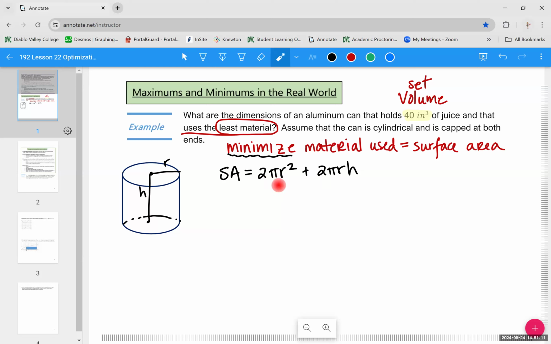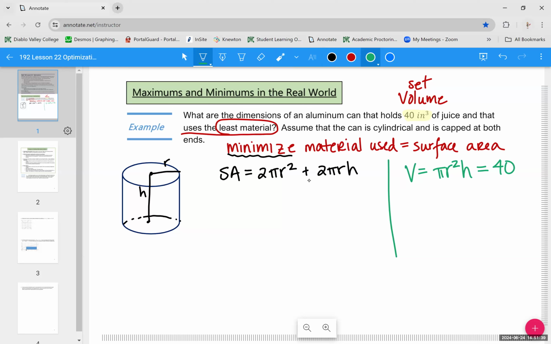So is there some other fact that we know in this problem that could allow us to use a secondary equation to get rid of one of these variables? Remember this set volume? We know that the volume of a cylinder is pi r squared h, or maybe you didn't know that, but it is. And in this problem it is set at 40. It's not changing.